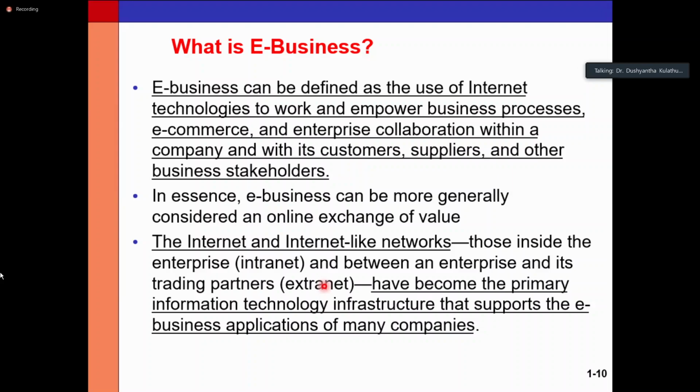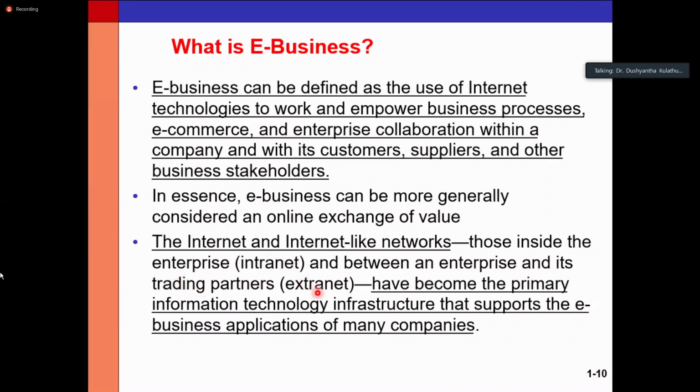So what do they access through the extranet? They access the internal network of the organization. The intranet also accesses the internal network, and the extranet accesses it by the authorized outsiders, the authorized stakeholders, the authorized trading partners.